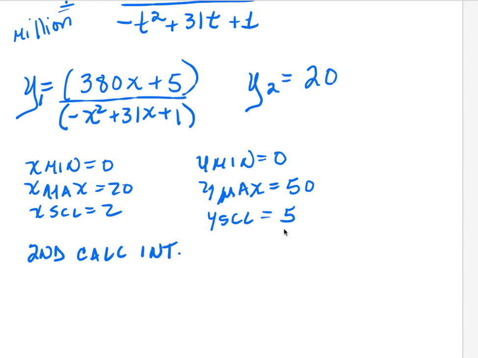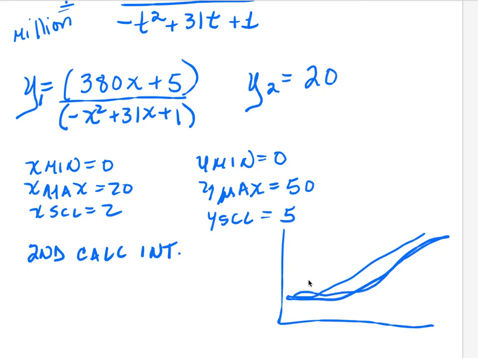Your calculator is going to look kind of like this, a curvy graph, and then you're going to have a line going across like that, and you're going to find the intersection right here.